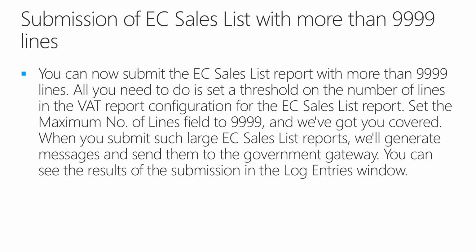Another small thing, at least it's small for me because I haven't seen this problem, but now you can submit the EC sales list report with more than 9,999 lines. So for some people it might be a big problem, but this is just so that you know that this has been fixed.